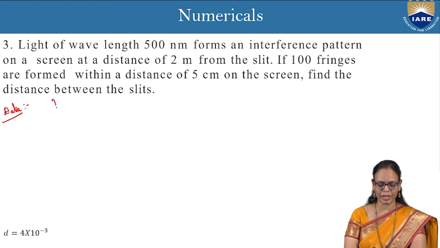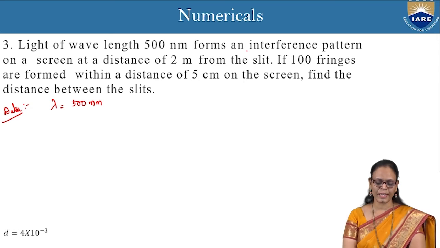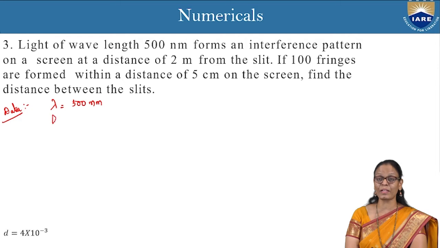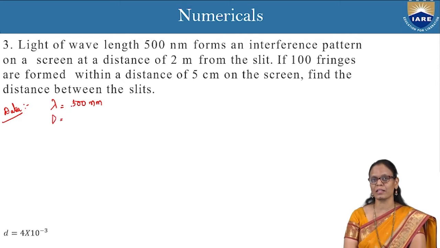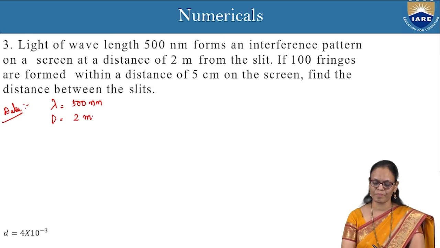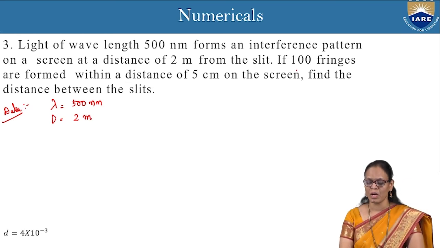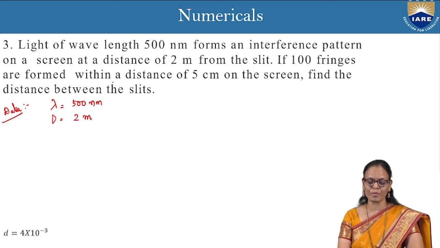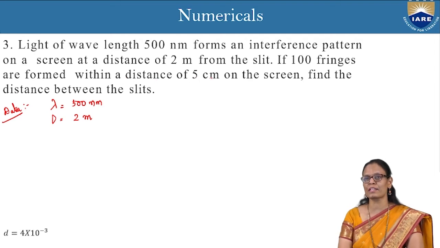Wavelength is given, lambda is 500 nanometer. The screen is kept at a distance of 2 meters. So capital D, the distance between the slit and the screen, is 2 meters. Now 100 fringes are formed within a distance of 5 centimeters.